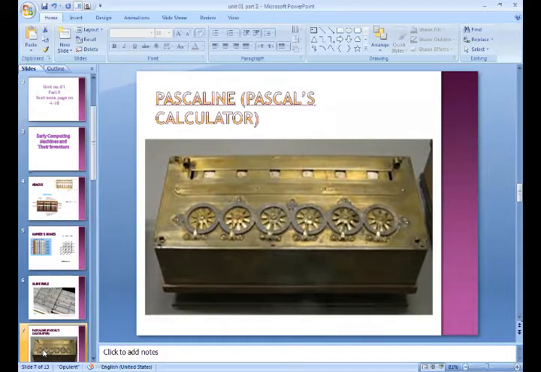This wheel calculator was in a rectangular box, also called the Pascaline, and used eight movable dials to add numbers, eight figures long. The Pascal device uses a base of 10 to accomplish this.